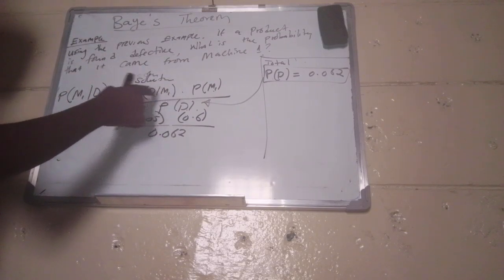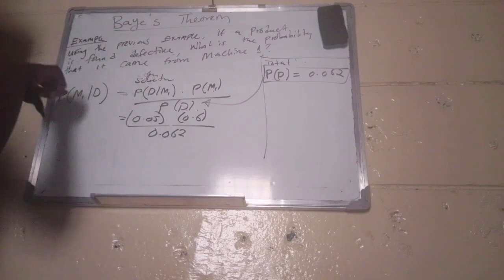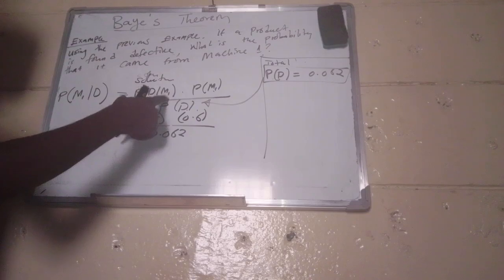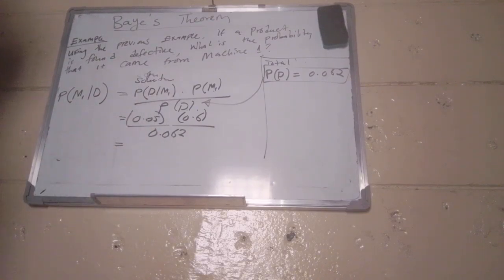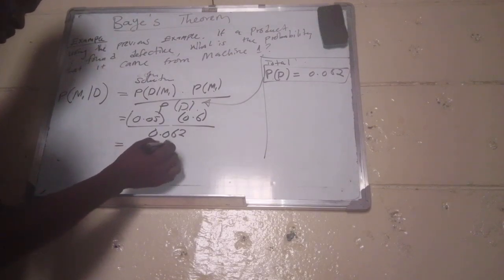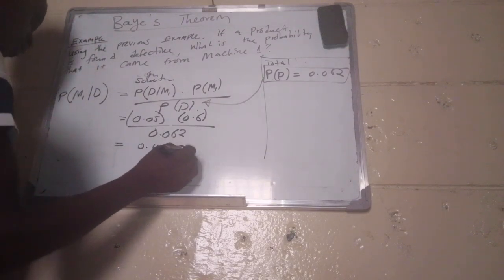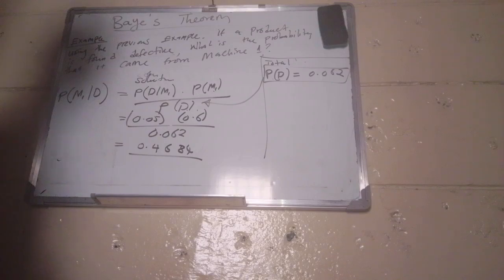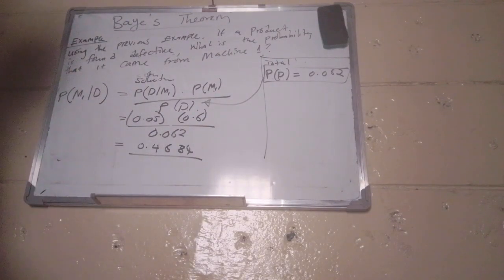We know D given M1 from the question, and now we want to find the reverse, M1 given D. When you handle everything well, we get 0.4684 as the probability that a product came from machine 1, given that it is defective. This is what the Bayes theorem simply explains in most cases.